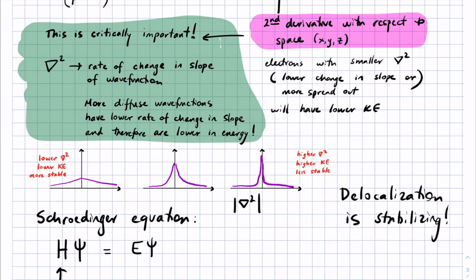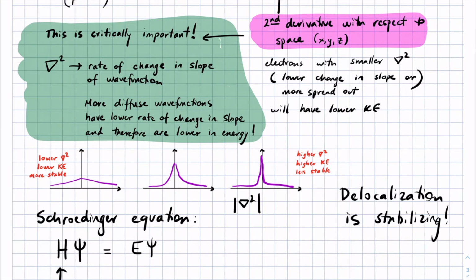So we talked last time about how the second derivative is the rate of change in the slope. So wave functions that are more spread out have slower changes in slope and therefore should have lower kinetic energy. That is a key finding, and it is general. This has some other consequences.